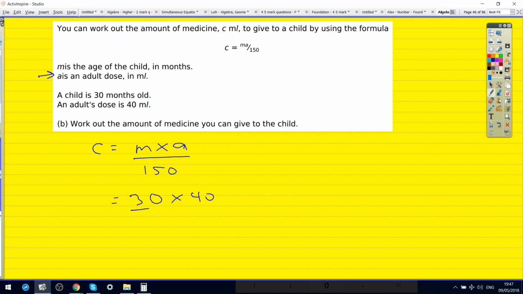And so that's what you have to work out. So that's 30 times 40, that's 1,200. Divided by 150. 8. That's it. So it's basically a substitution question. 8 milliliters.